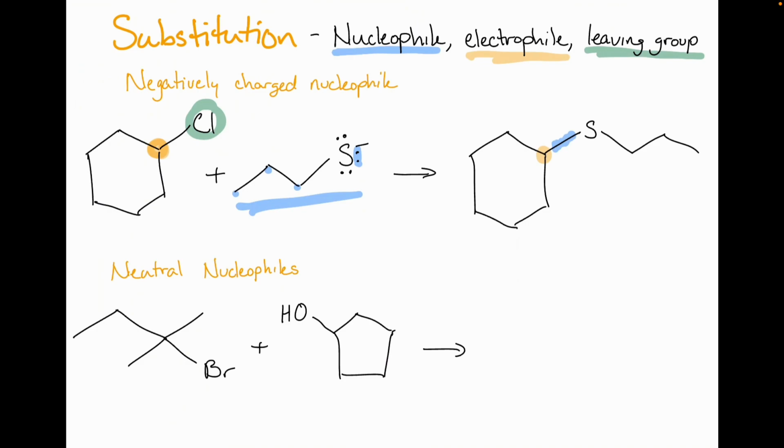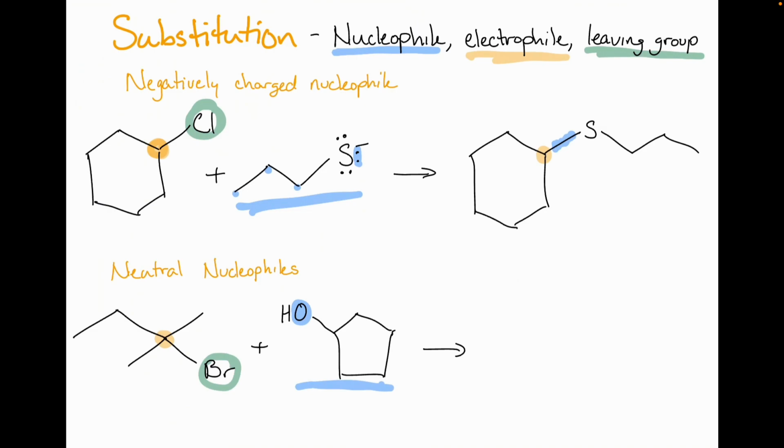Again, let's go through that same process. What's my leaving group? The bromine. What's my electrophile? That carbon at the base of the bromine. Then this thing over here is my nucleophile, but in particular, which atom in this nucleophile is going to have that new bond? It's going to be the oxygen. I'm going to lose a hydrogen in this process, because hydrogen can only have that one bond.